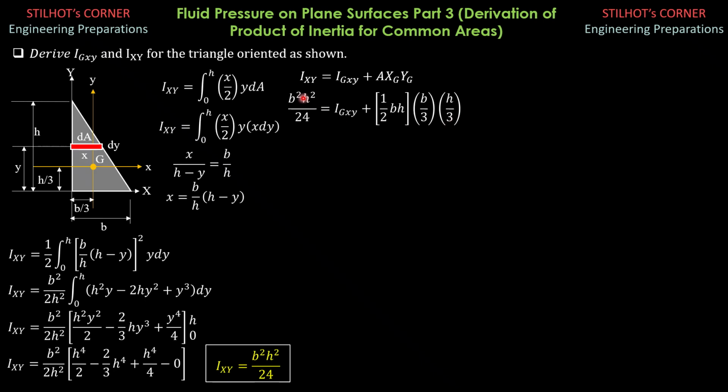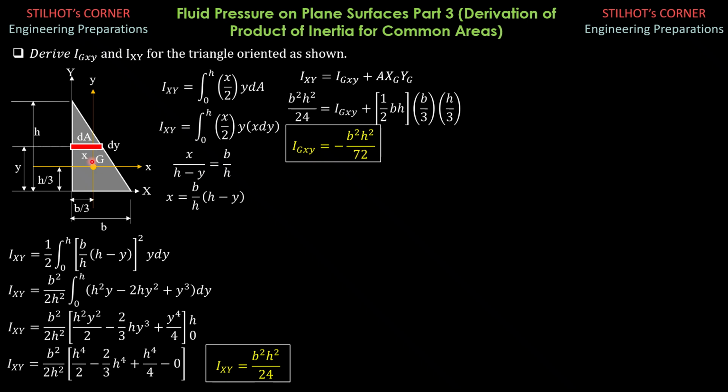So 1 over 24 minus 1 over 18, that's negative 1 over 72. IGXY is equal to negative b squared h squared over 72. This means the centroidal product of inertia of the area of a triangle with respect to its centroid is negative.